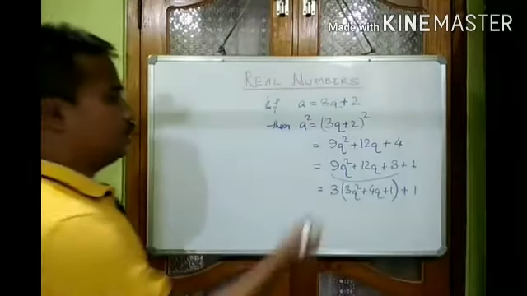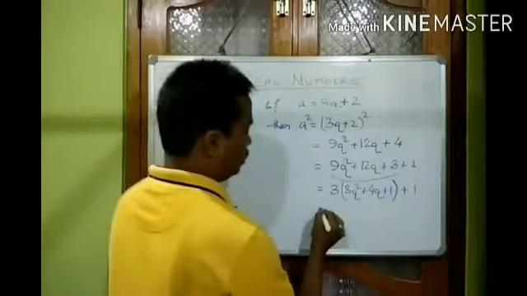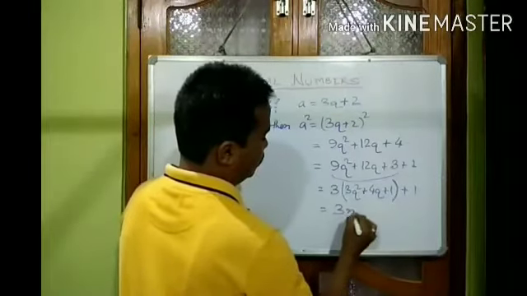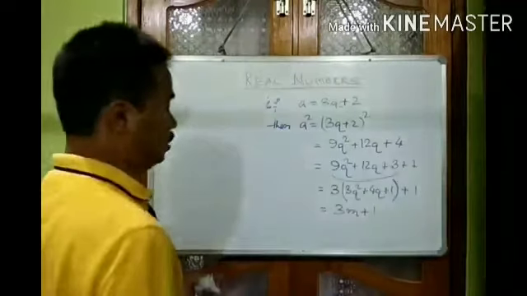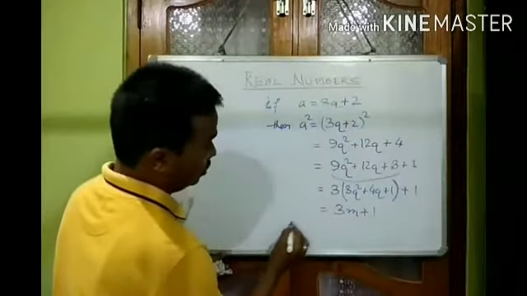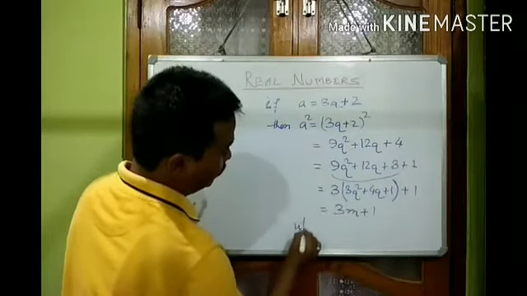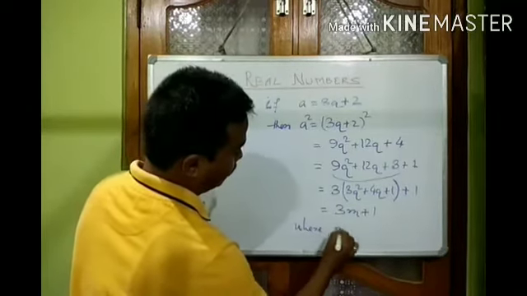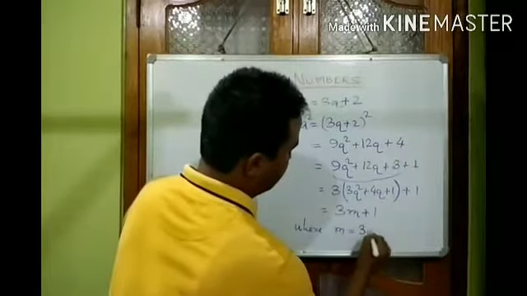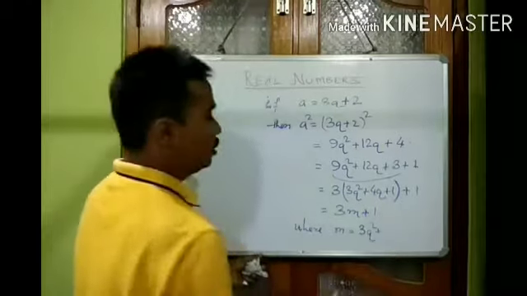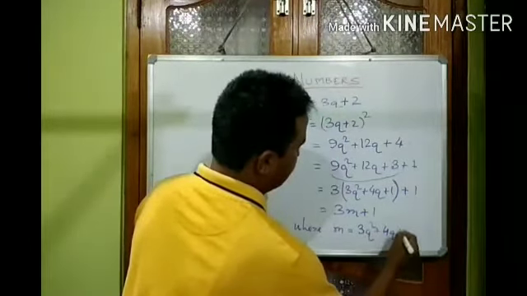So what do you see? This is again of the form 3m plus 1, where m is equal to 3q square plus 4q plus 1.